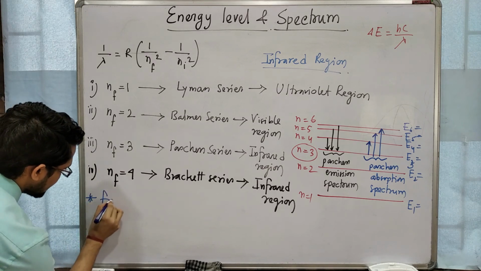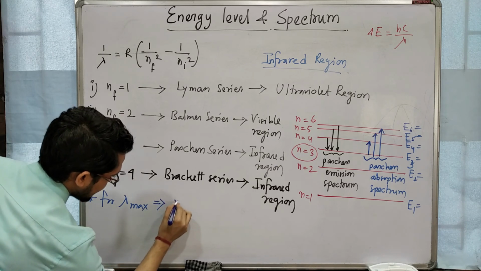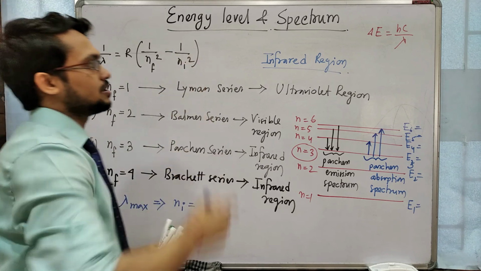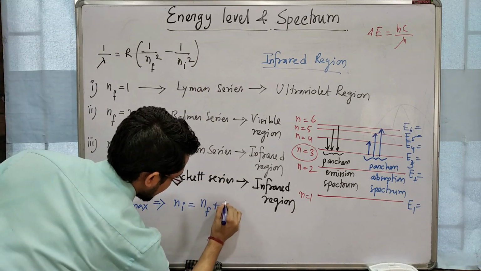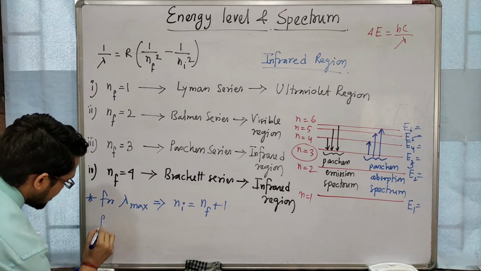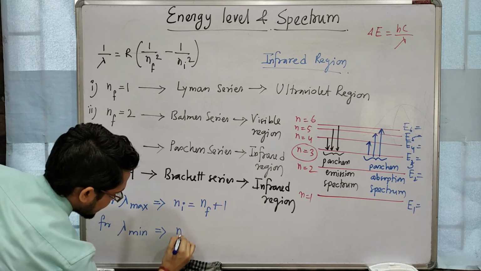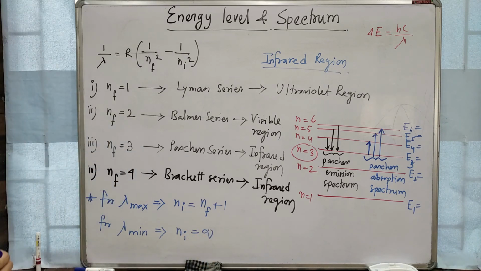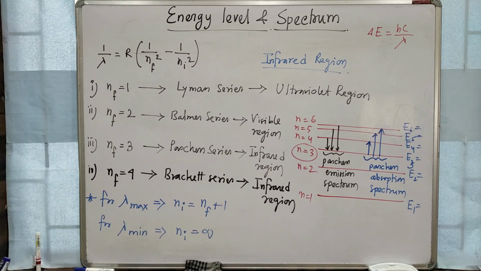In general, I am writing lambda max and lambda min. For lambda max, delta E will be minimum, so ni will be nf plus 1. And for lambda min, ni will always be infinity. Clear? These are very, very important parts.